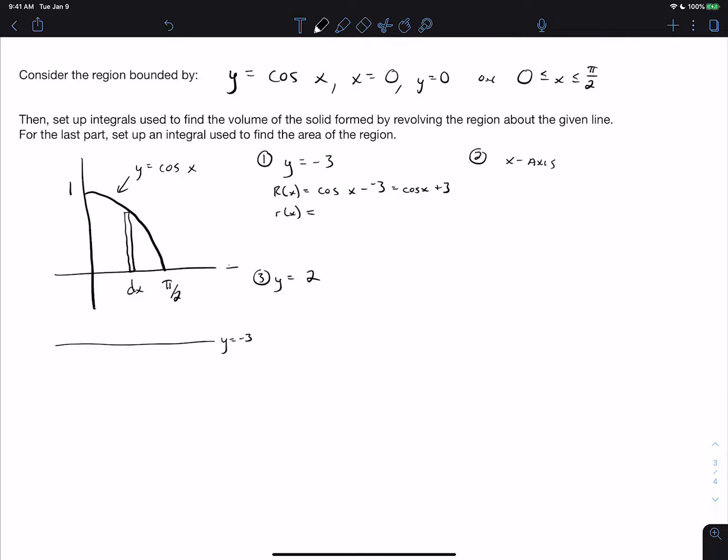That's a vertical distance. The top y is always 0 because it's always along the x-axis. This bottom y is -3, and so we get a constant small r of 3. Volume then is pi times the integral of (cosine x plus 3) squared minus 3 squared times dx from 0 to pi over 2.